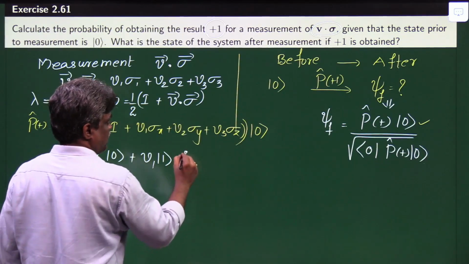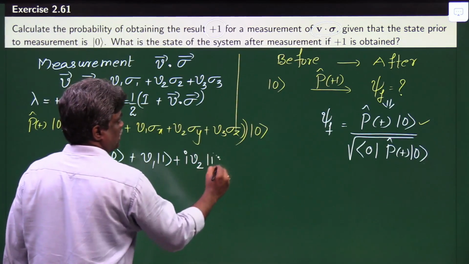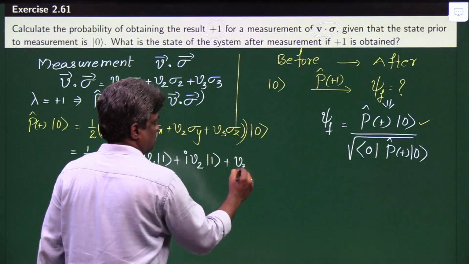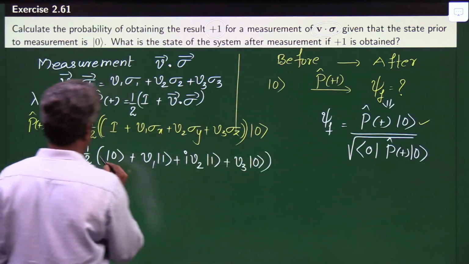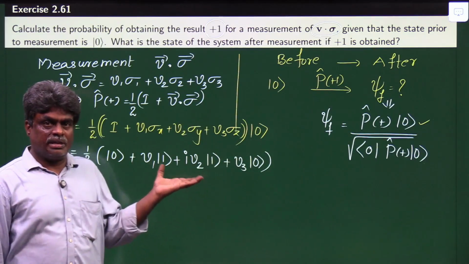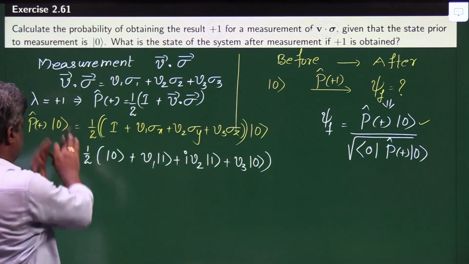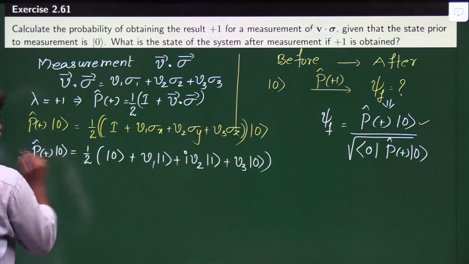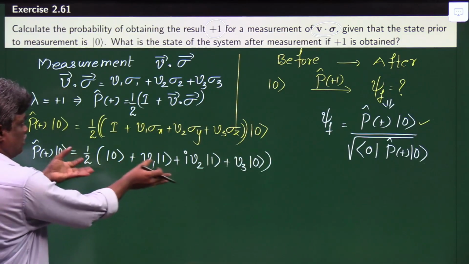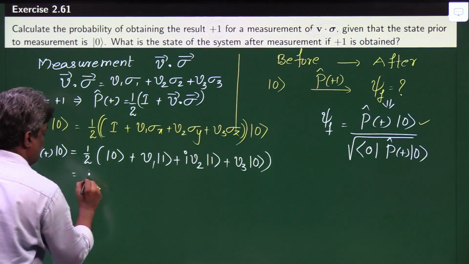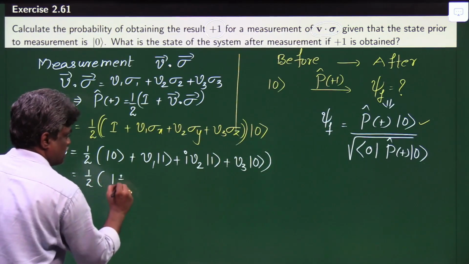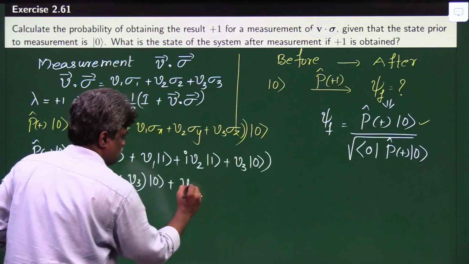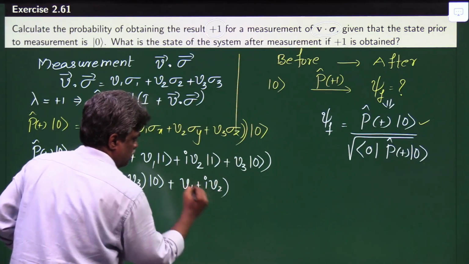So that's why I'm writing it as i v2 ket 1. And sigma z operates on |0>, no change, so this is v3 ket 0. This is the resultant state after operating P plus. Right. So if you want, you can separate this as 1 by 2 [(1 plus v3) ket 0 plus (v1 plus i v2) ket 1].